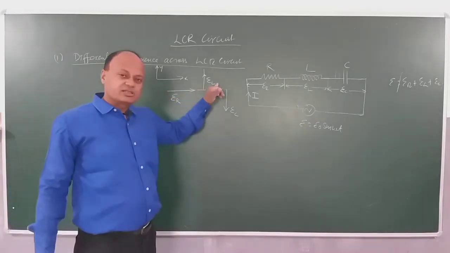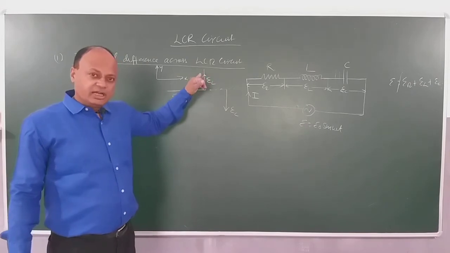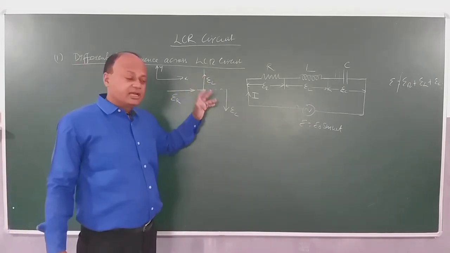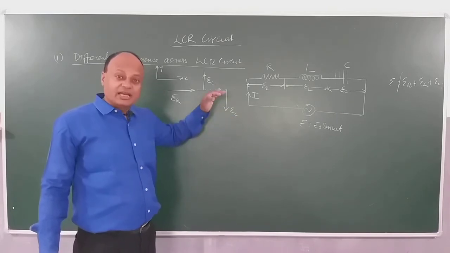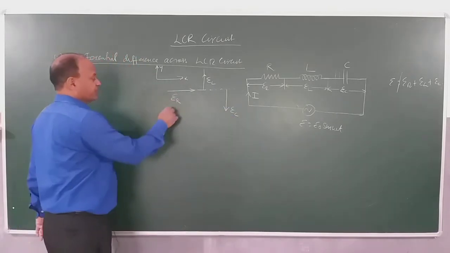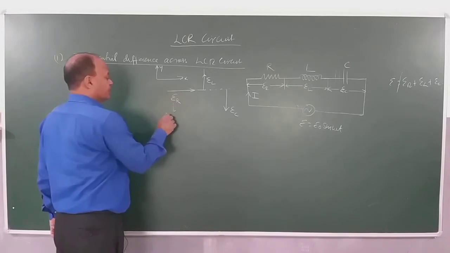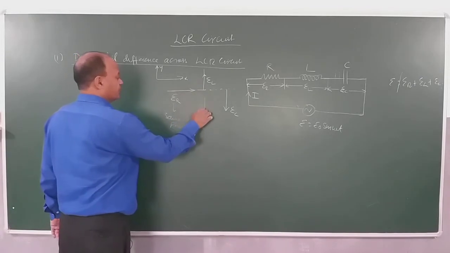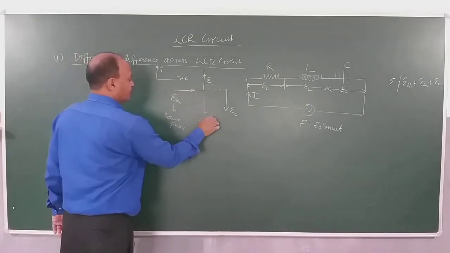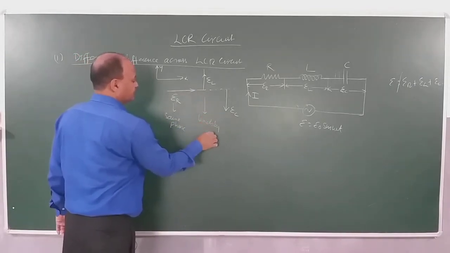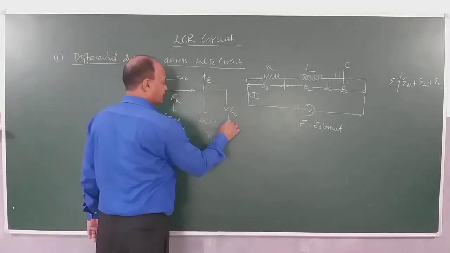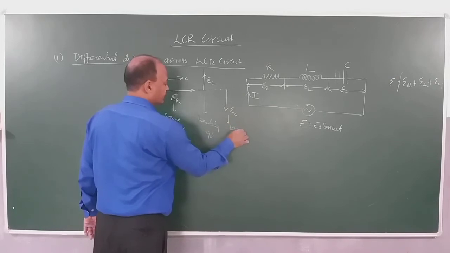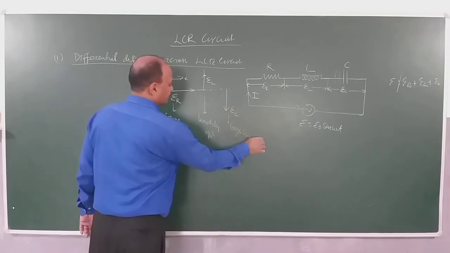Potential difference across the inductor leads the current by 90 degrees, and potential difference across what? Capacitor lags by 90 degrees. So here I will be writing, this is the same phase as the current, this one leads by 90 degrees, and this one lags by 90 degrees.